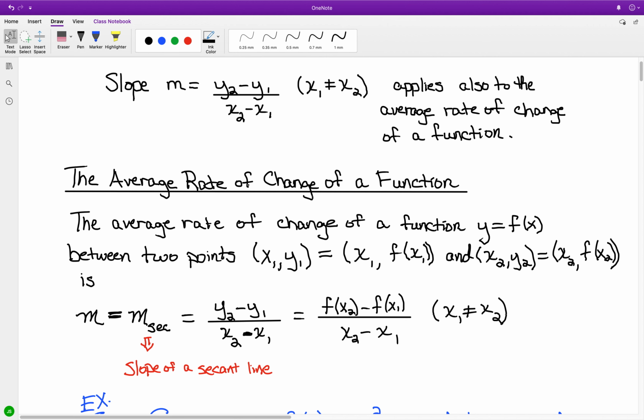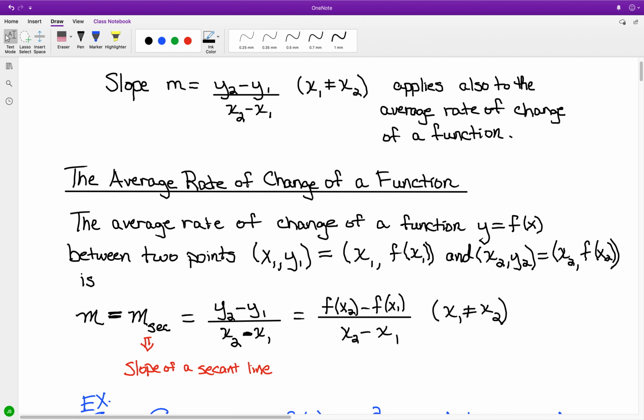Now for the average rate of change of a function, we're applying slope, and where the function is nonlinear, the type of line connecting the two points of interest is regarded as a secant line. So for the slope, the subscript sec just means the slope of the secant line, the line connecting the two points of interest.